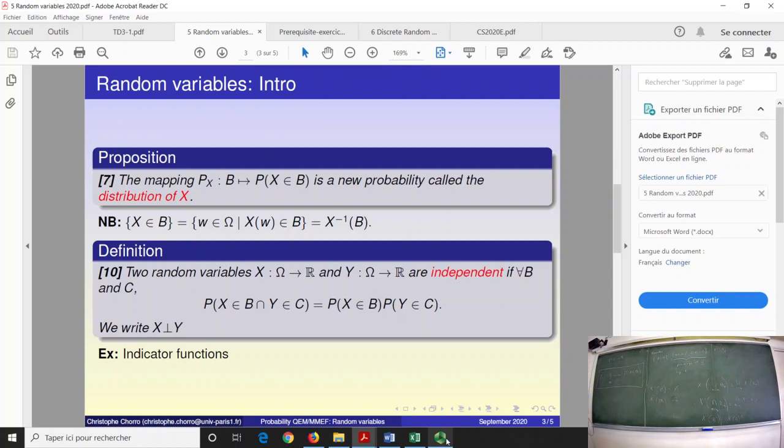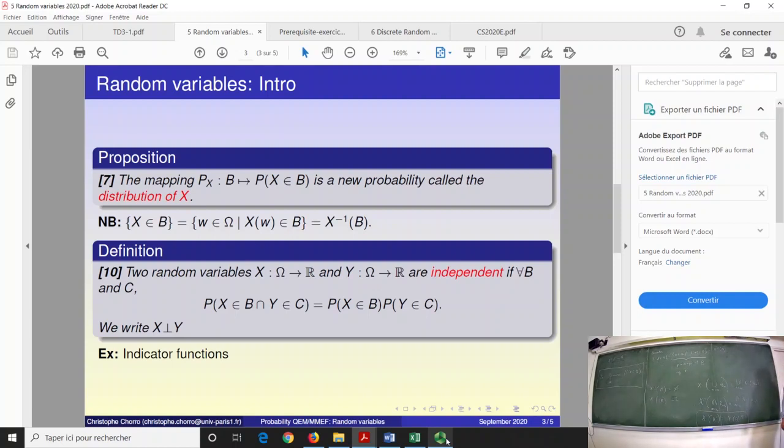Just a little remark concerning the last one I have written here. If you remember the slides I have given to you as prerequisite, I have defined operations on sets, and when I defined the complementary set, I said that be careful because the complementary set of a set depends on my universe.